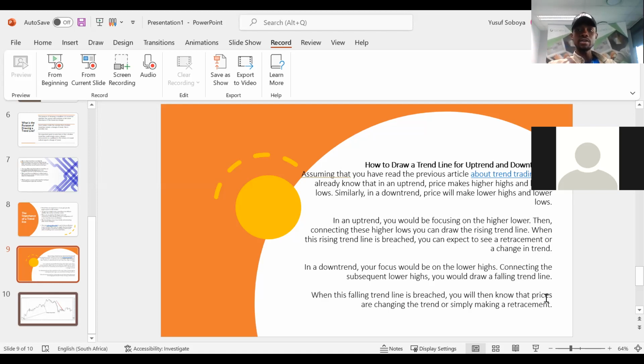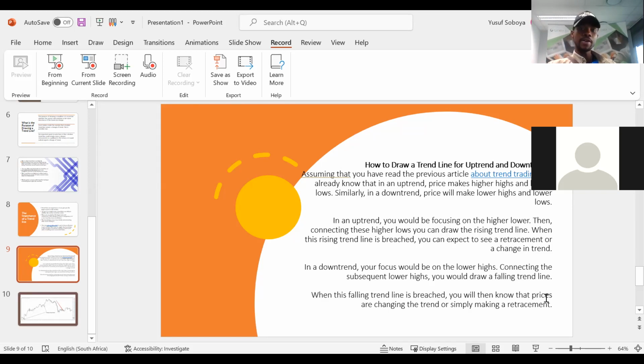To those that have been tuning in on this Zoom, we talked in previous weeks about the higher highs and the lower lows. If you request, we can always come back to that presentation and repeat it. In an uptrend, you would be focused on the higher lows, connecting these higher lows, you can draw the rising trend line. When the rising trend line is breached, you can expect to see a retracement or a change in the trend.